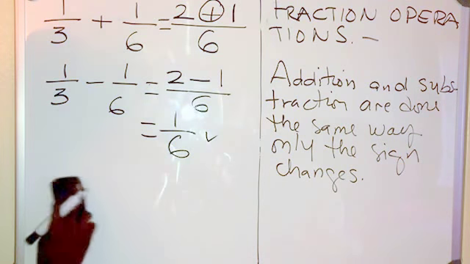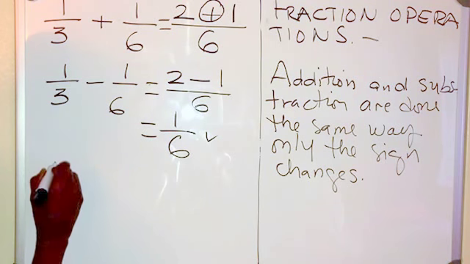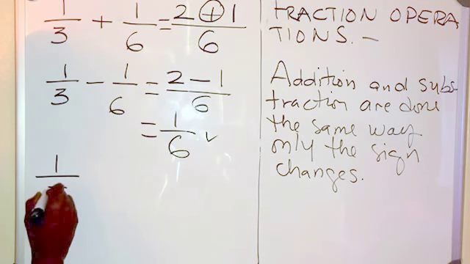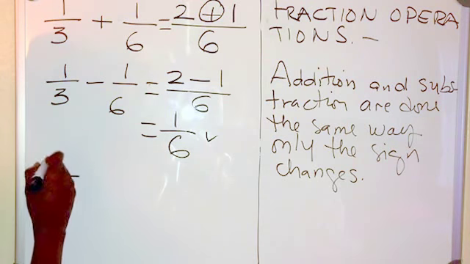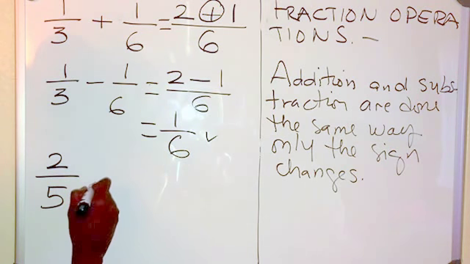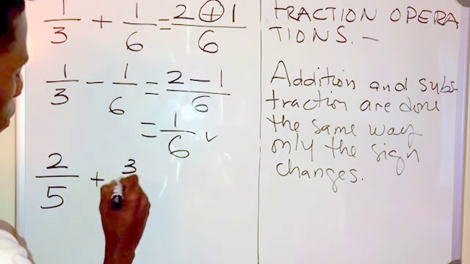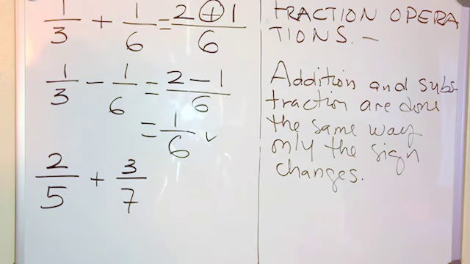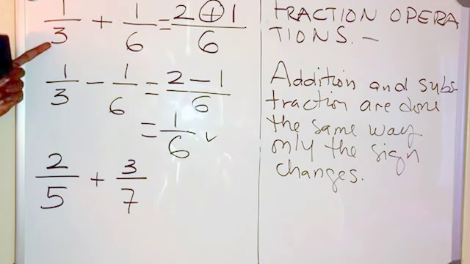Okay. I'm going to do another example just to make sure that you guys understand. So I'm going to do 2/5 plus 3/7. Okay, in the last problem, we can see that 6 was a multiple of 3.